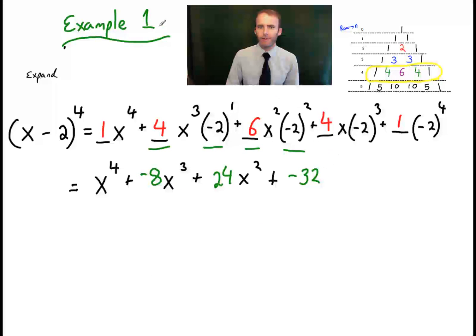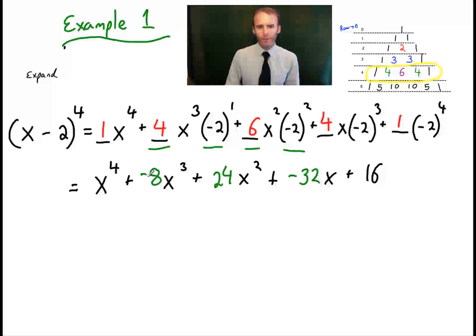And now we have just x. My last one, negative 2 to the fourth. That's negative 2 times negative 2 times negative 2 times negative 2. Well, that gives me positive 16. So my last term is plus 16. 16 times 1 is just 16.